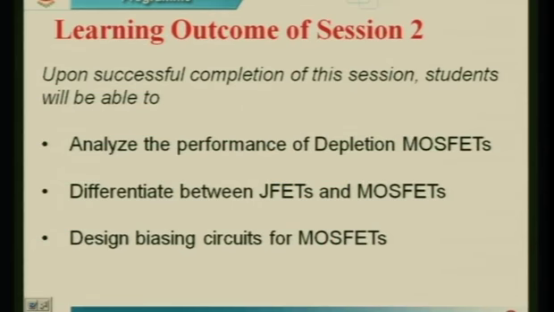Just in case you're getting confused, in the previous session we compared BJTs versus JFETs, or FETs in general. Now we are going to compare the two types of field effect transistors, which are the junction FETs and the metal oxide semiconductor FETs. Finally, we are going to start designing the biasing circuits for MOSFETs.